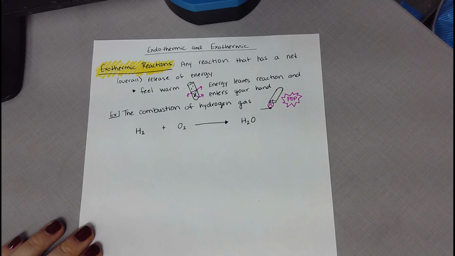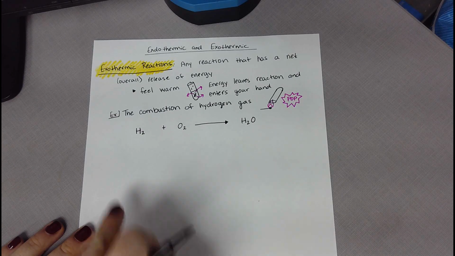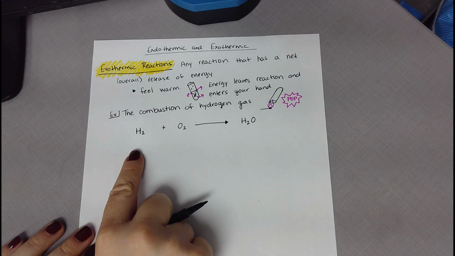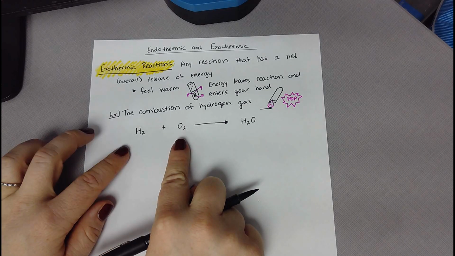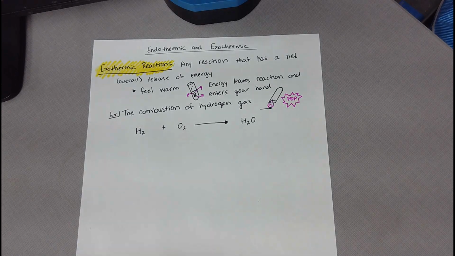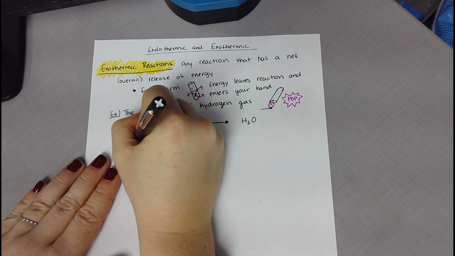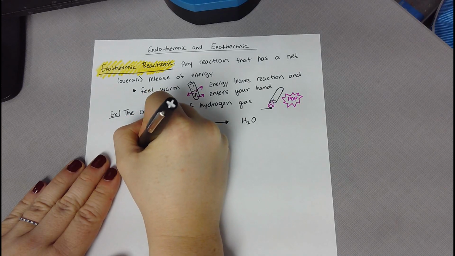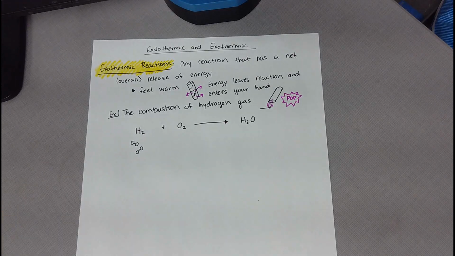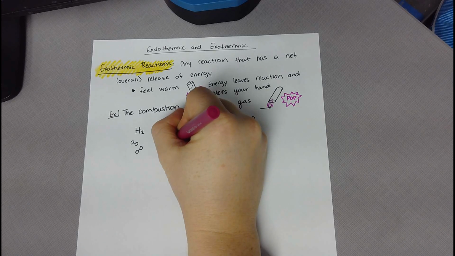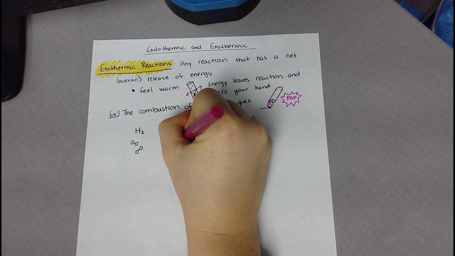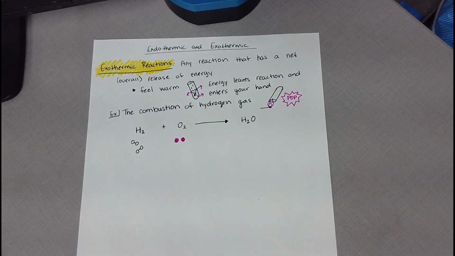This is our reaction pathway. Our reaction began when those hydrogens and those oxygens started rearranging. So hydrogen, H2, is 2 hydrogen atoms connected by a bond. Oxygen, O2, is 2 oxygen atoms connected by a double bond.